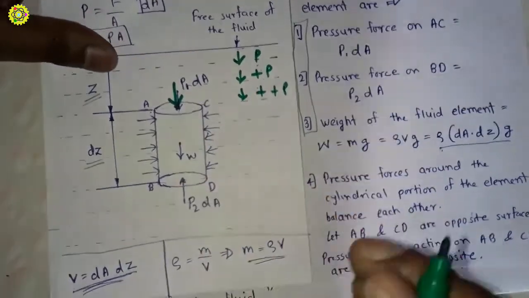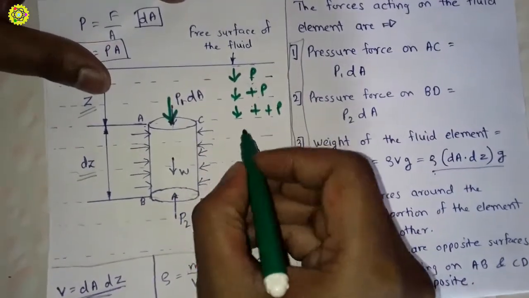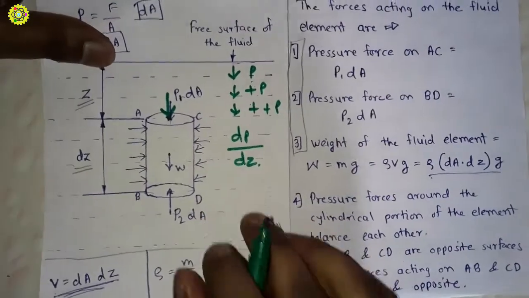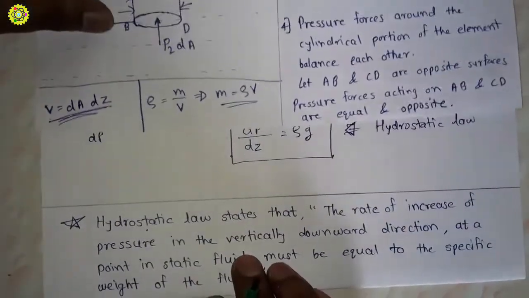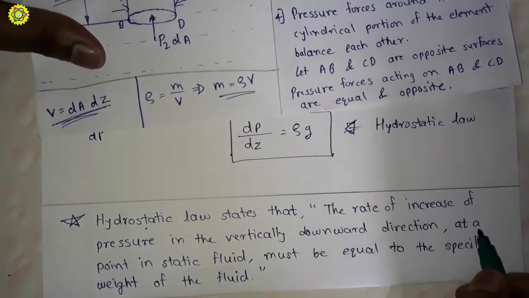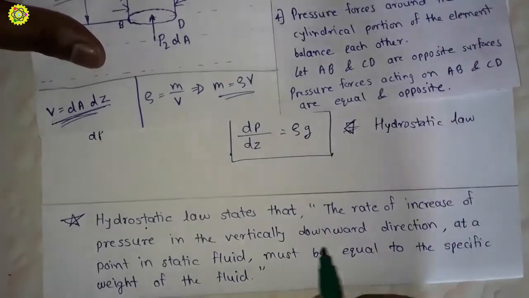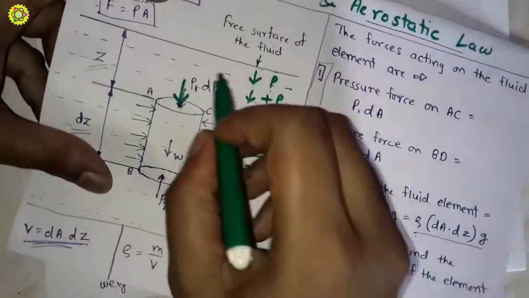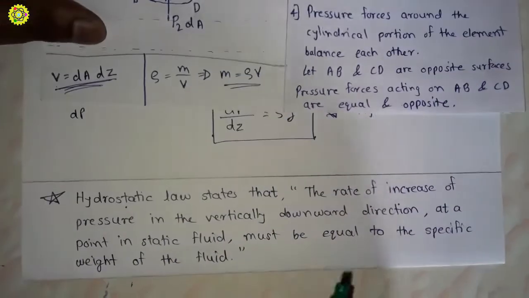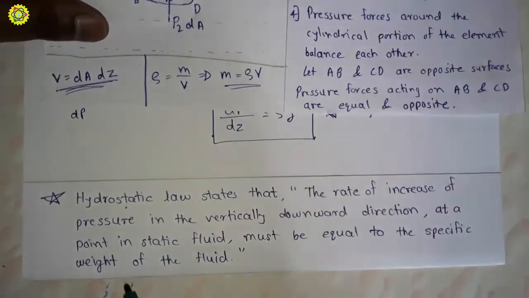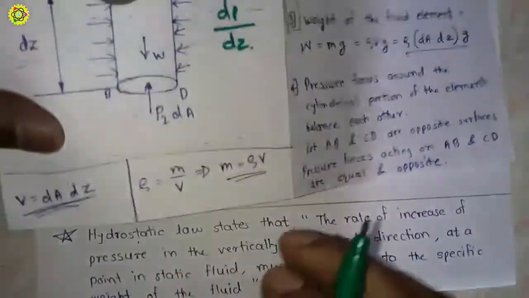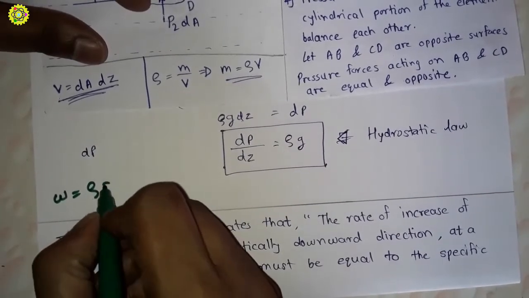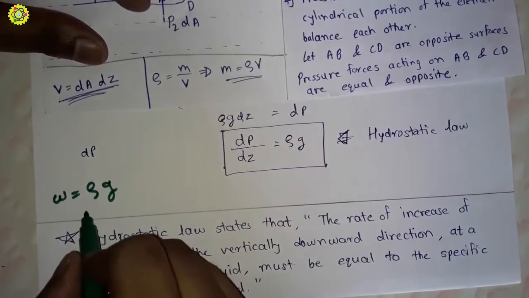So the rate of increase of pressure is dP upon dz, in vertically downward direction at a point in static fluid. As we know, this is a static fluid, it must be equal to the specific weight of the fluid. Here specific weight is given as w is equal to rho g.